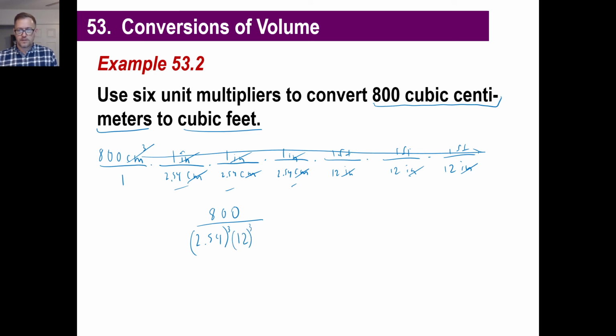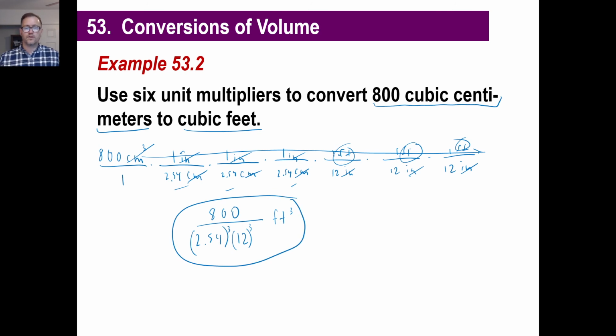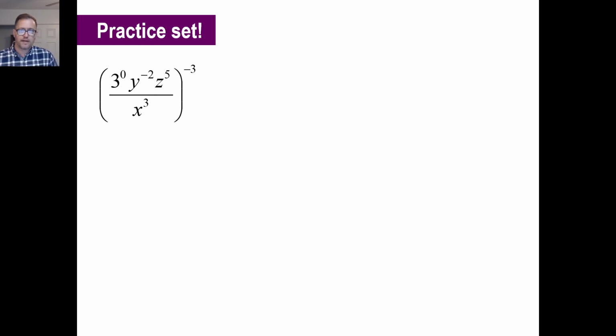And then the unit is, we still have the cubic feet, so we want that. So just feet to the 3rd power, and that is it. And if you wanted to, again, you could do the arithmetic and cube 2.54 and 12 and then figure out what it was, but you don't have to. Okay, that is it. All right. We'll do 3 practice set problems, so pause and try A here.